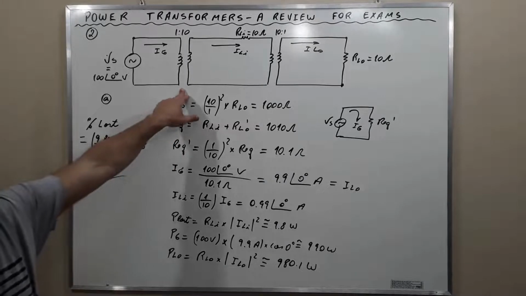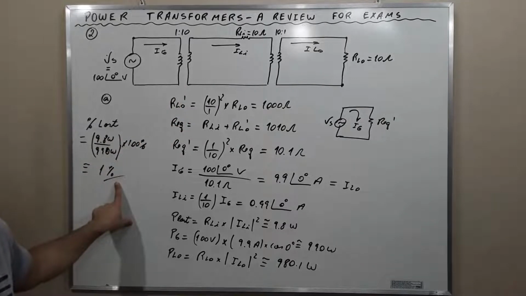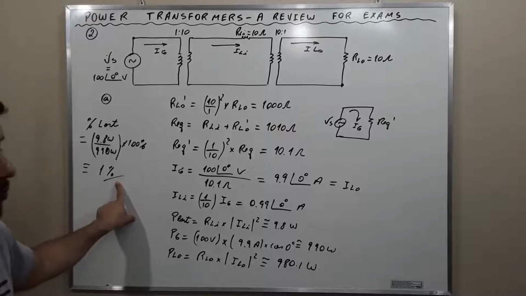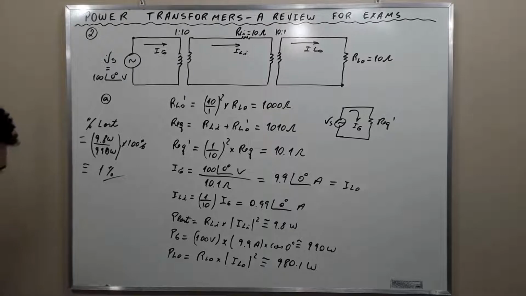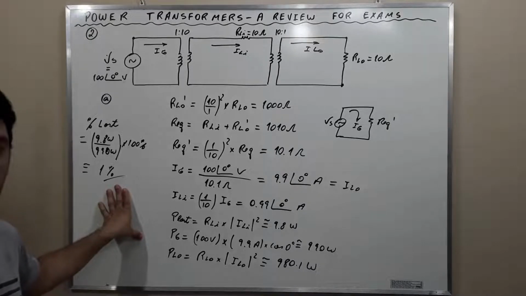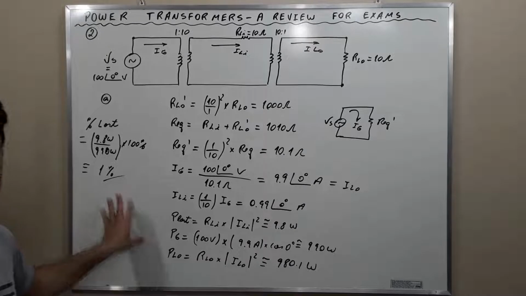With the employment of two 10-to-1 power transformers, we have greatly reduced the level of losses from 50% to only 1% of the generated power. This result demonstrates how important transformers are for power systems.